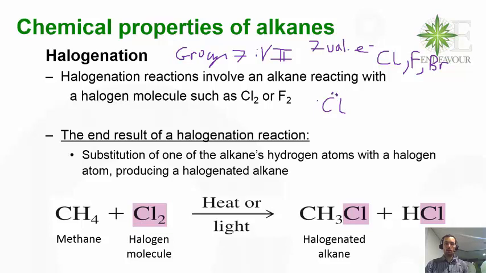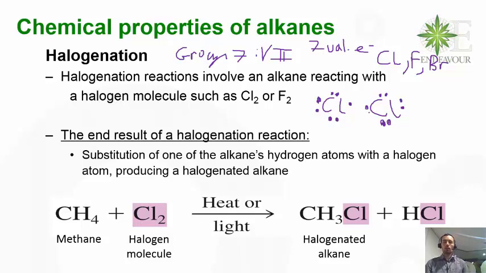So if we draw out the Lewis dot plot of our chlorine here, it's actually got 7 valence electrons because it belongs to group 7. So I've got 6 there, and then there's going to be one orbital with a single electron. So if we have 2 of these chlorines side by side, then each of them will have one missing electron.